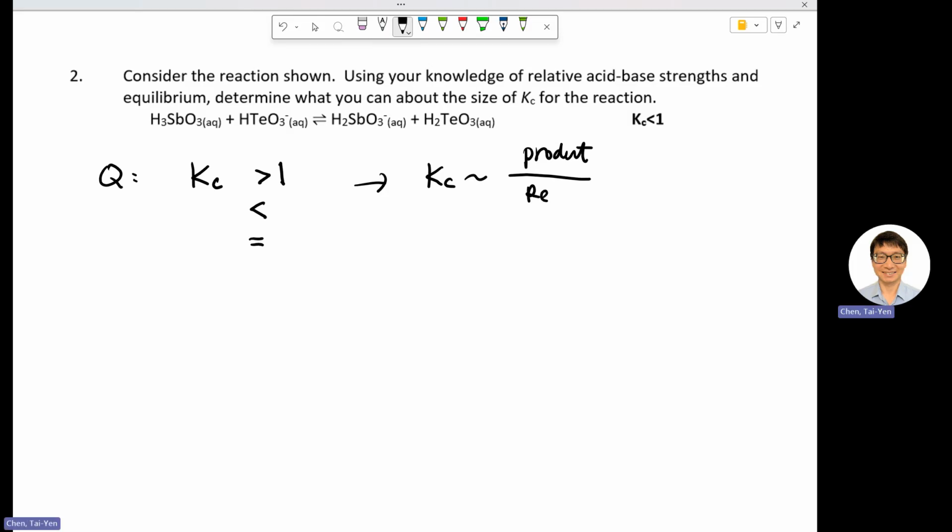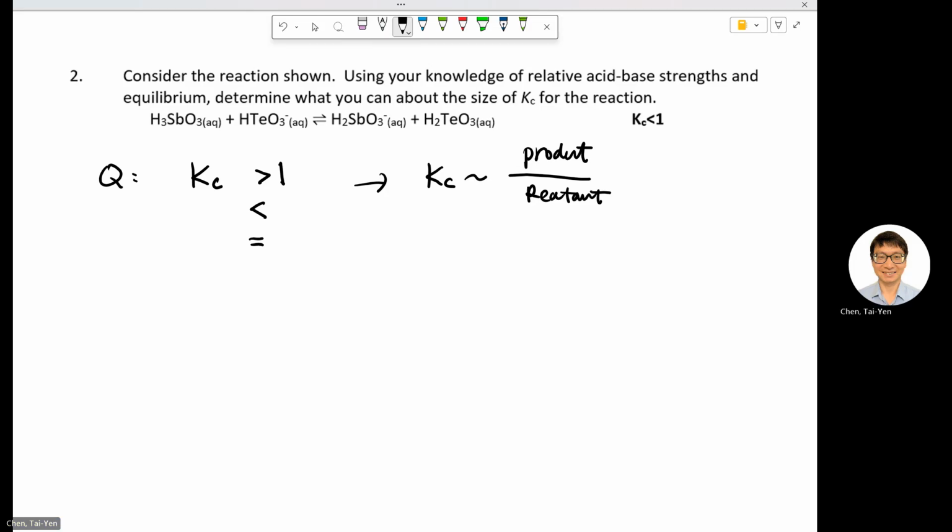That means if you have more product, then your Kc will be larger than 1. Otherwise, your Kc will be smaller than 1. It equals 1 only when you have the same amount of product and reactant at equilibrium.